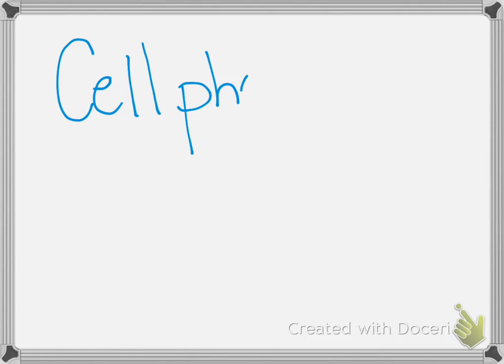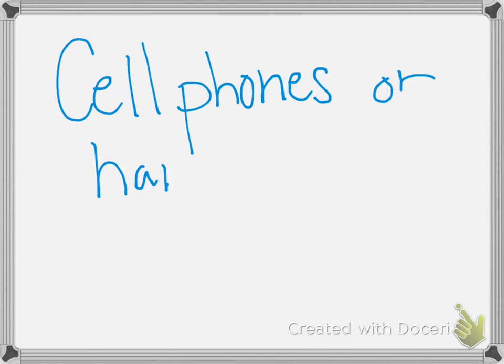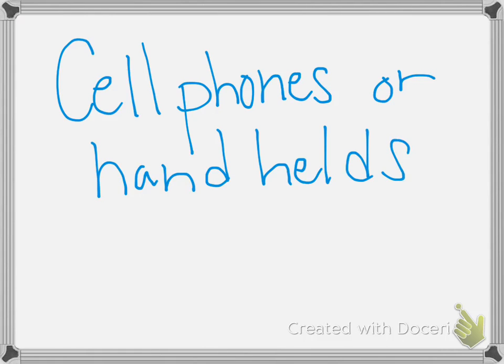Another thing we talked about in this class was cell phones, and what we see as educators. We see a lot of cell phones with the kids today. I teach at a middle school, and we still see tons of 13, 14, 15-year-old kids that have their own cell phone or handheld device, and these are all nowadays able to get on the internet, so we need to be careful that those aren't being used inappropriately.